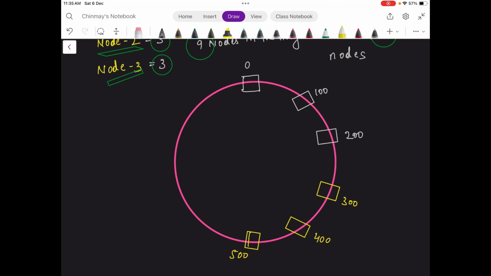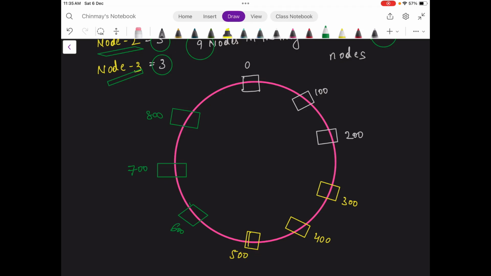Again, node 3 has 3 dummy nodes, hashed at 600, 700, and 800.